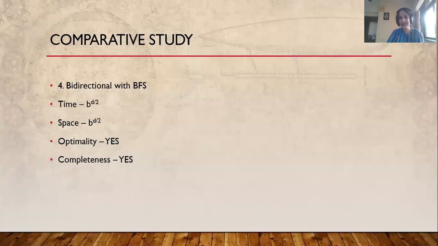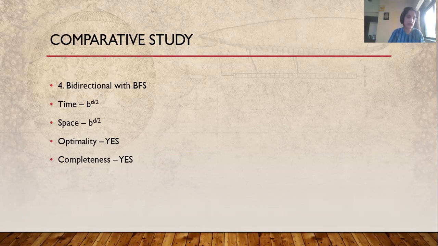Then if we move ahead to bidirectional search with breadth first search, because we consider breadth first search to be very optimal with bidirectional search, what we see is that the time and the space occupation become b raised to d by 2, because now the whole depth is divided by 2.